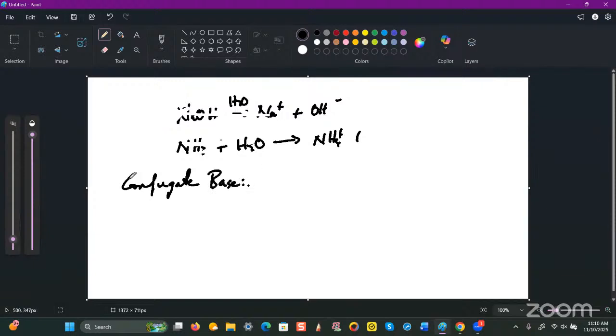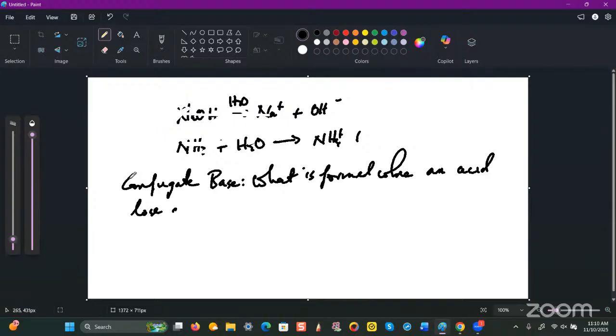A conjugate base is what is formed when an acid loses a proton or hydrogen ion. All right? So for example, HCl, right? When that loses a proton, it forms this proton and a Cl minus, right?